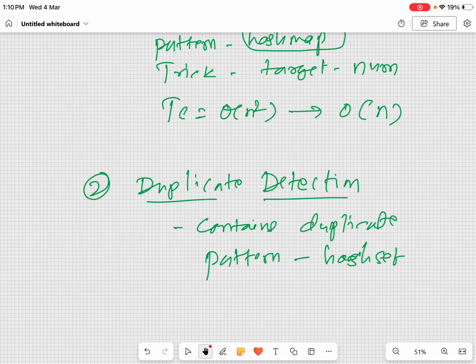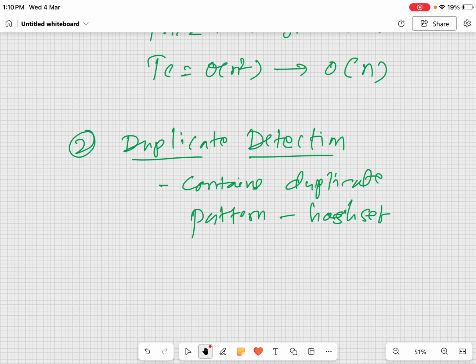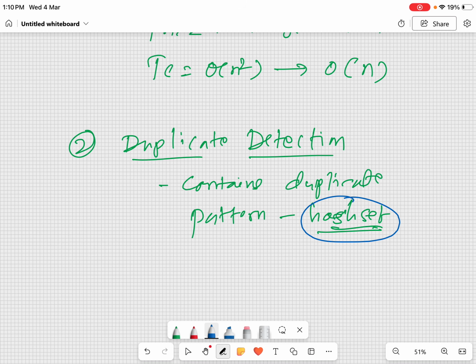Correct. If we need to detect duplicates, the fastest solution is usually a hash set. When inserting elements, if the element already exists in the set, we know there is a duplicate. So here we can use hash set. Correct.